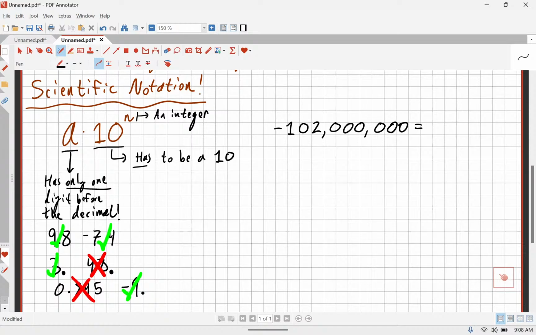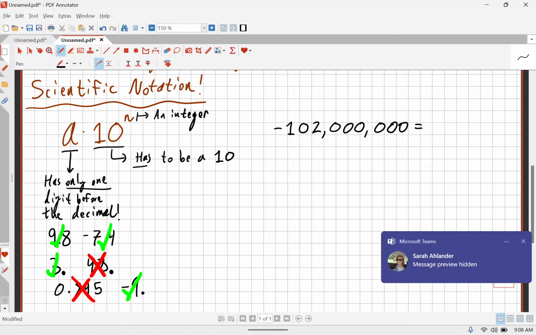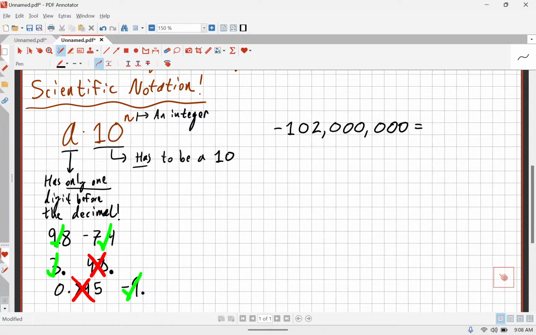Let's see here. 6. So remember, we have to count how many places are there after that decimal. Perfect. I'll get you something from the cup. That's right. Very good. Did you get the same thing as he did, Oliver? Make sure you make it a negative for me. Okay.